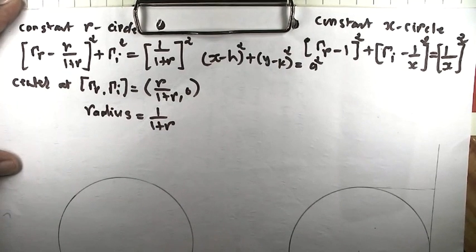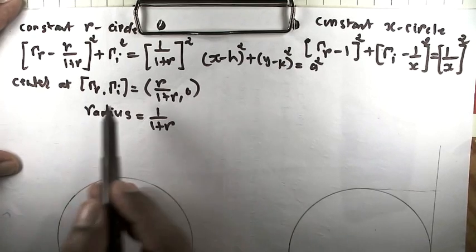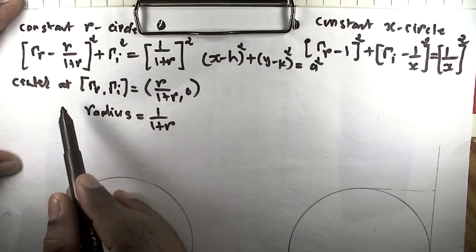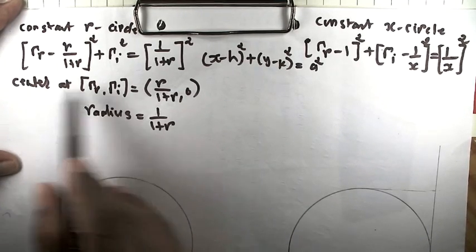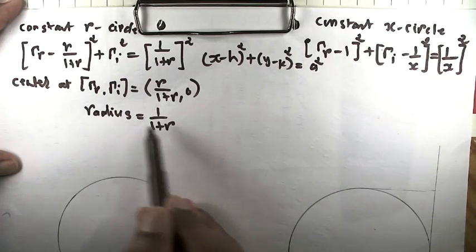So for a constant r circle we have a typical point where the center can be obtained, and the radius.